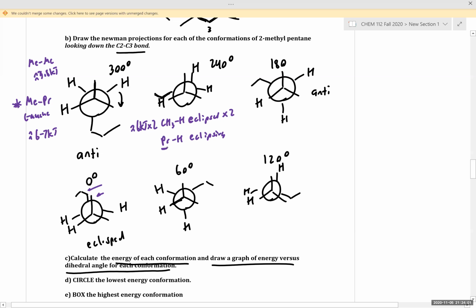Would we expect it to be greater or less than 6 kilojoules, just based on steric bulk? We've established previously that a propyl group is bulkier, right? It would be greater. So I'd estimate it to be around 7 to 8. Let's just go with conservatively 7 kilojoules. So that gives us 19 kilojoules of total torsional strain.